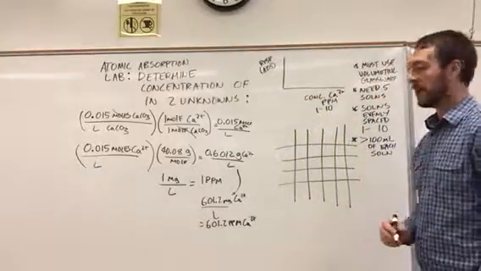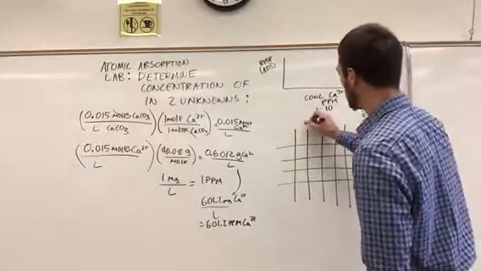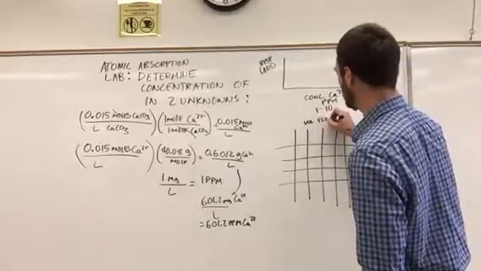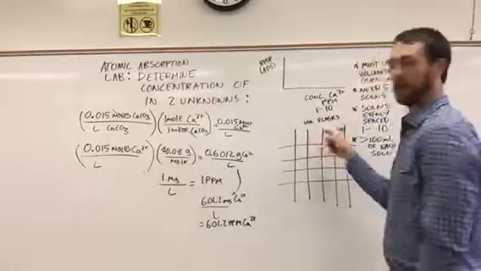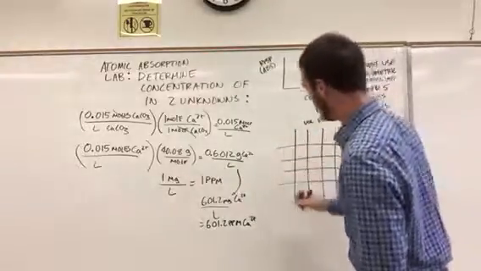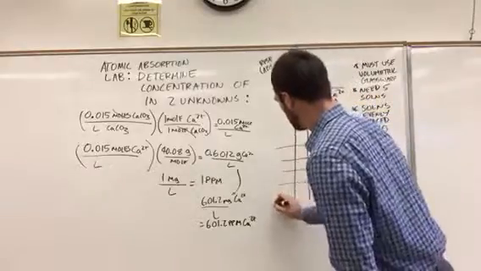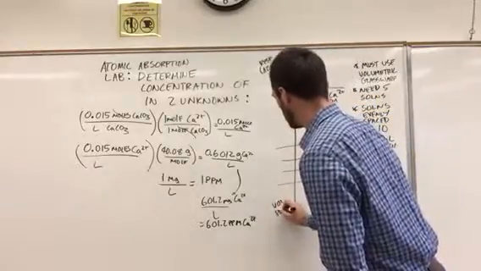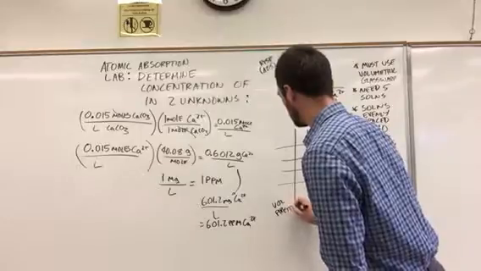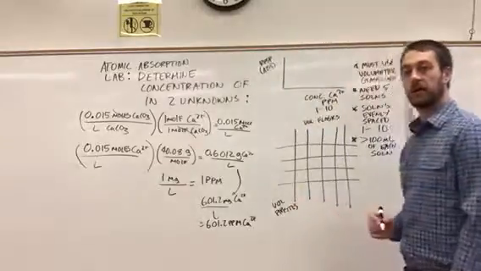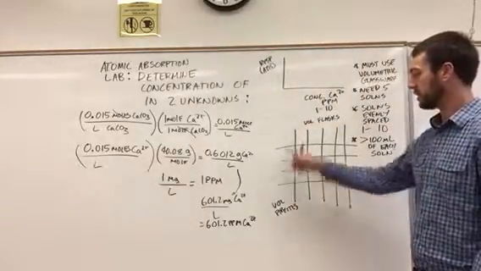In this grid, you're going to have your volumetric flasks up here, and your volumetric pipettes here, in this column.